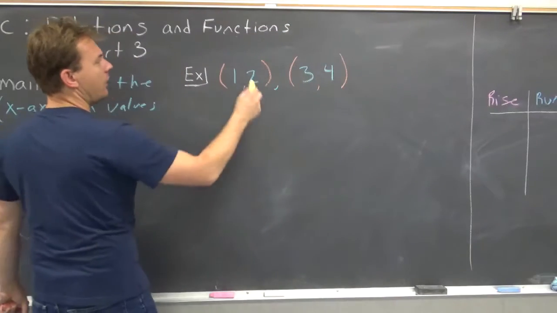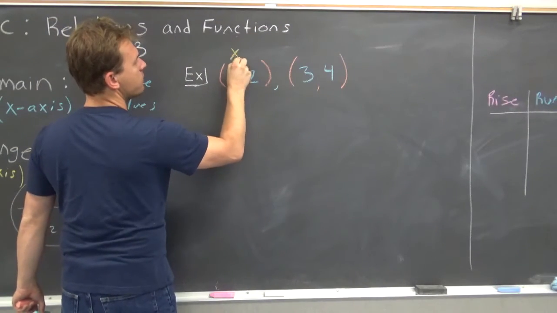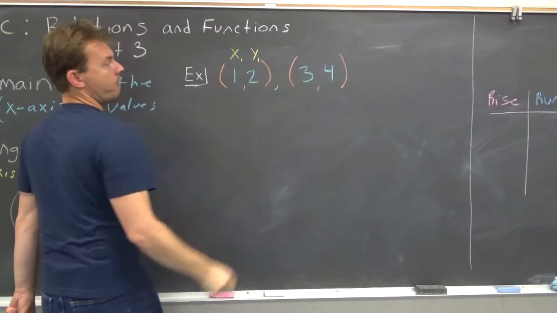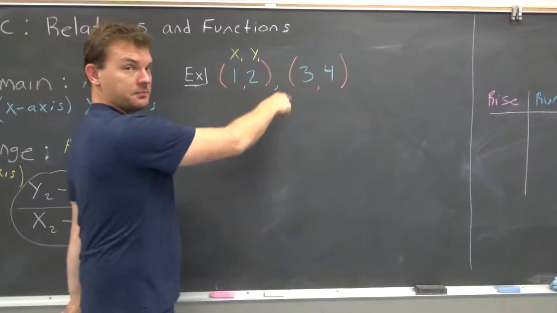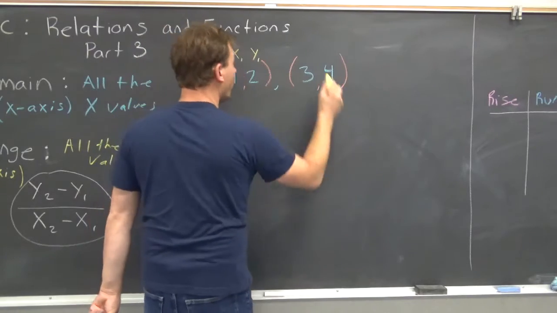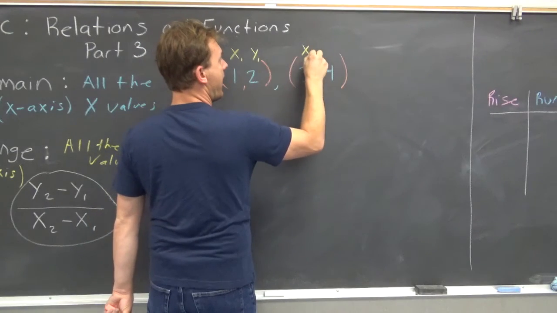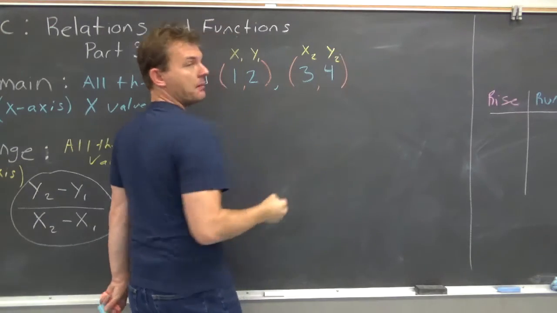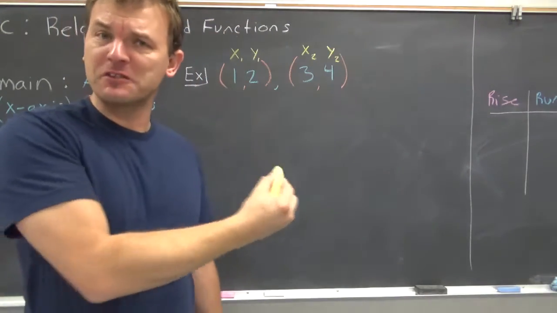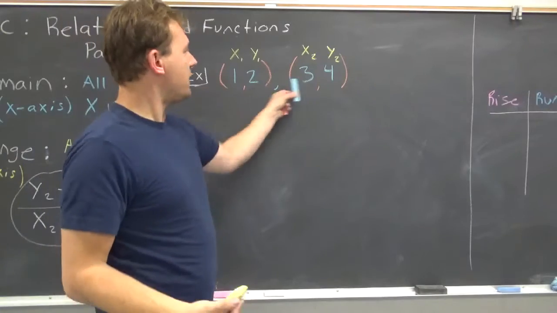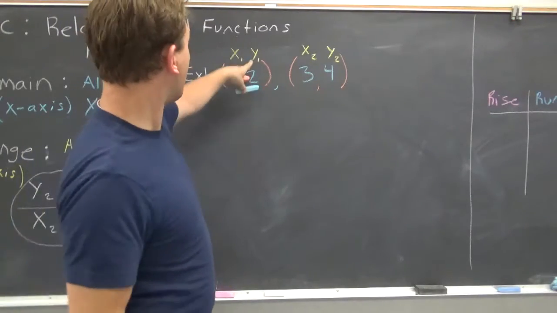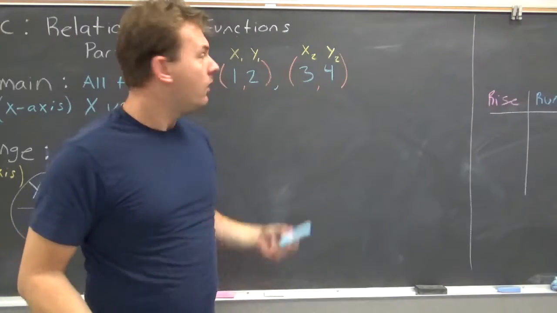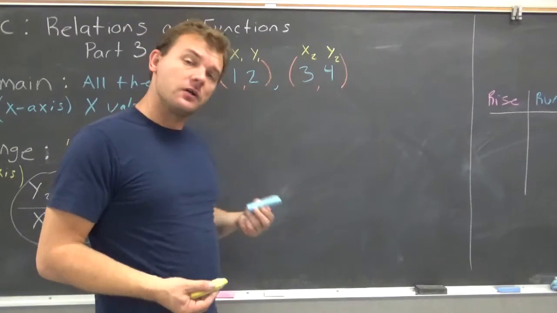Call this first point x1, y1. What's the next point? Well, this is x sub 2, y sub 2. Remember, this goes back to that first video where we made those 4 points and called them all by sub because we had 4 points. Well, now we have 2 points. So here we go.